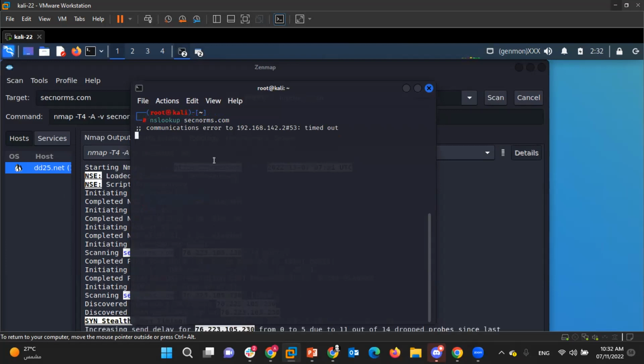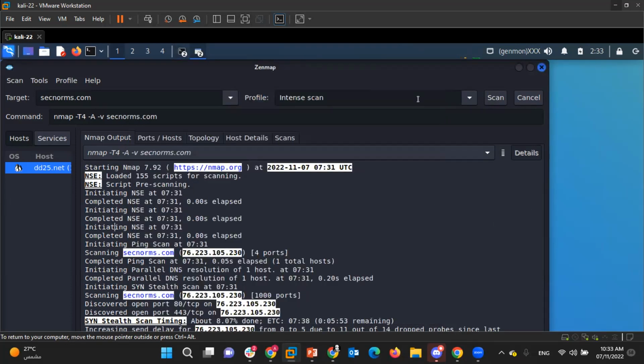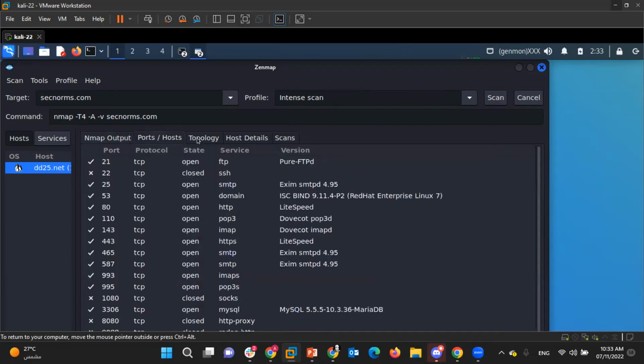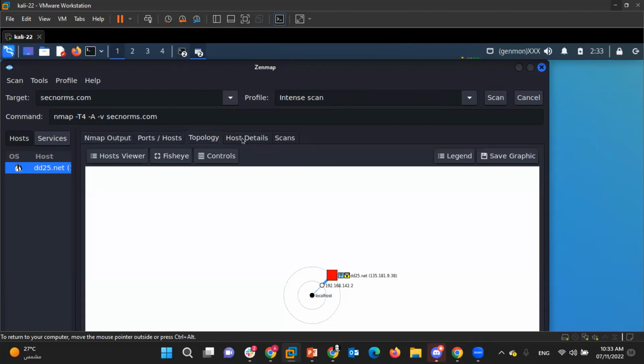Yes, even Nmap running with the GUI makes the shell or the terminal hang. Okay, is it completed or not? Not yet.